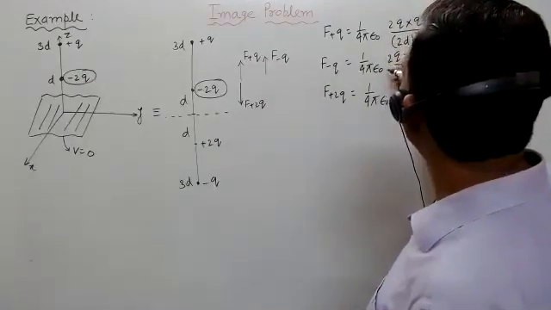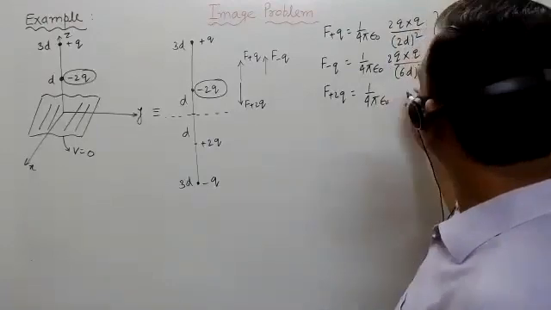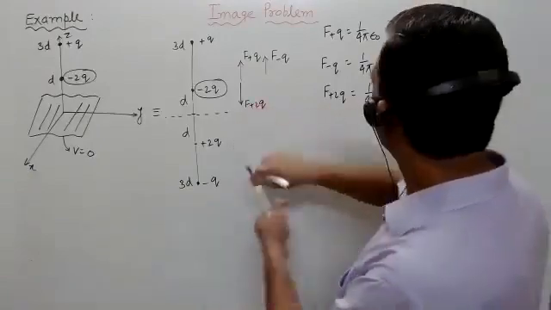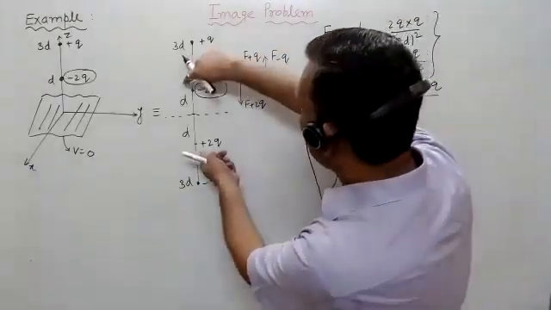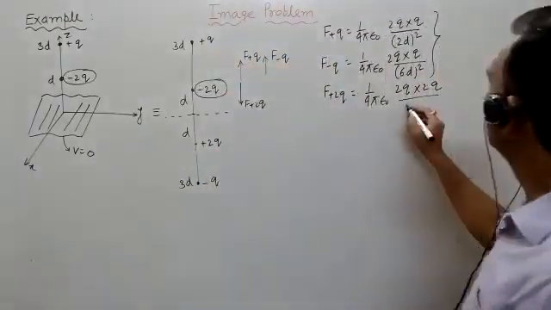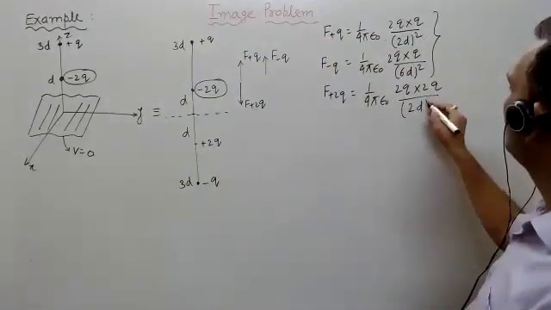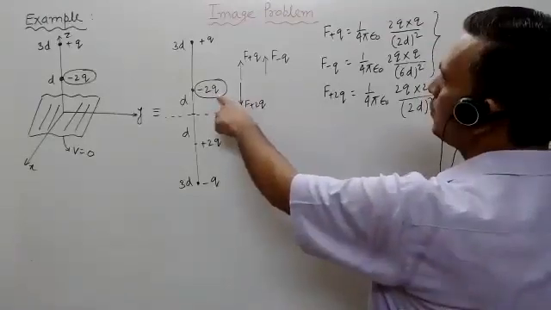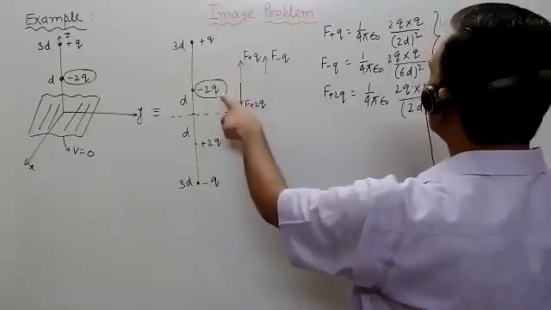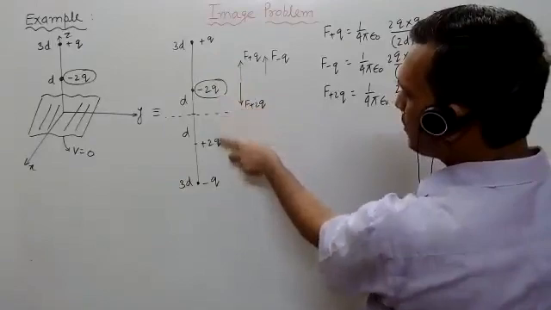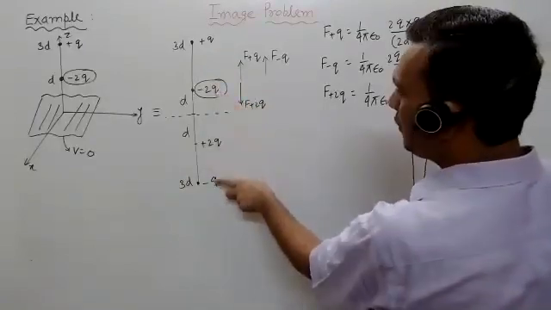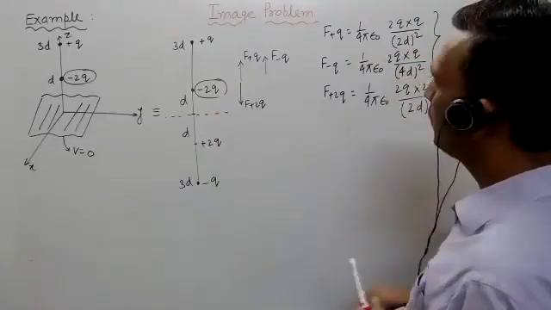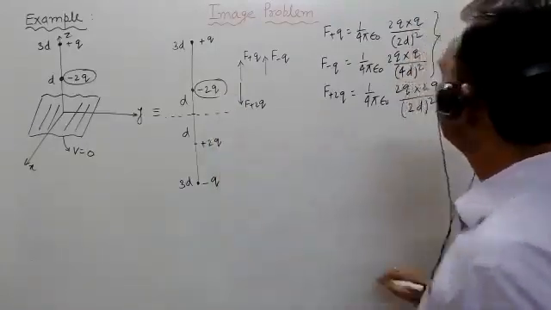Here you will get 2q into q, then you have 2q into 2q, and this will be 2d whole square. So force on minus 2q due to plus q is at 2d whole square. Then due to minus q, this will be 4d. Just take it as 4d, and this will be 2d.